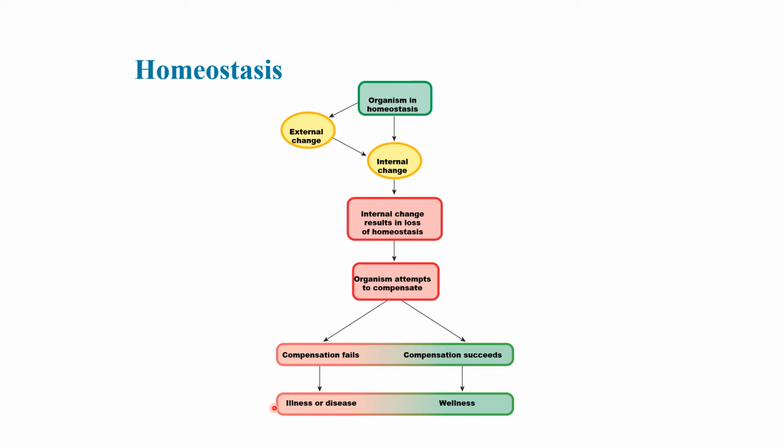This is sometimes what happens when something goes wrong with an individual's gland, let's say, and their gland is not producing that hormone, so your hormone level drops dramatically, and there is no way for your body to maintain that hormone level anymore because the gland is not functioning properly.